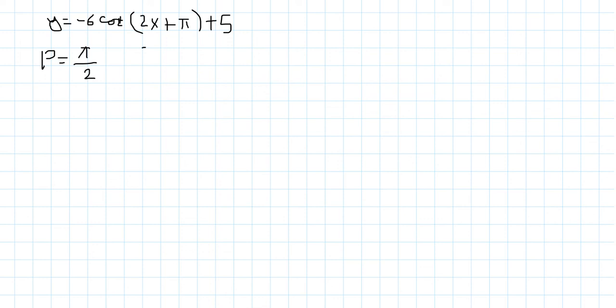Here in cot I must say the bracket is equal to 0. Why? Because cot is cosine over sine, and I know sine has a problem at 0, so make this equal to 0. And easily, if I want to find x, it should be minus pi over 2. It is my first vertical asymptote.